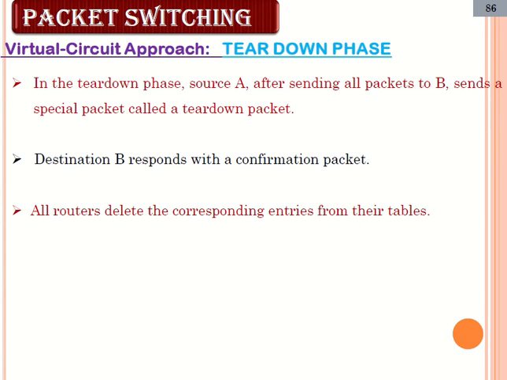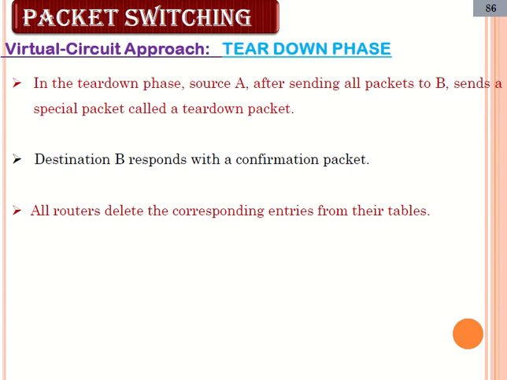Since the data transfer has taken place, the data is no longer required. The router has to create new entries for any new data transfer, so it deletes all its old data and waits for the new data transfer to take place.